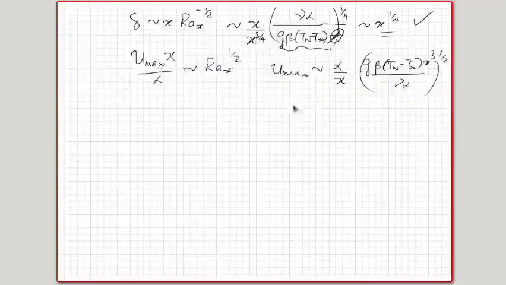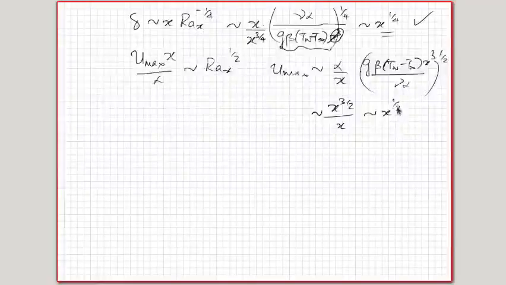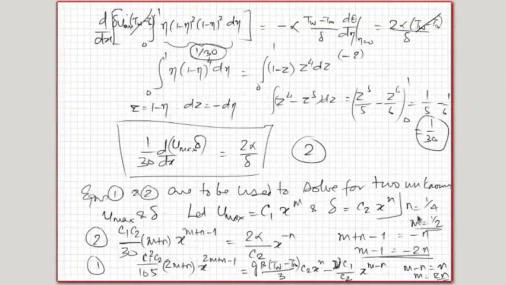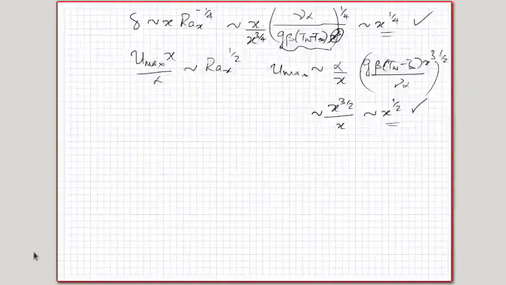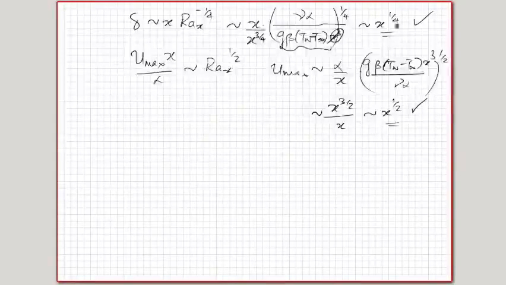I'll just take the x things here, proportional to x to the power of 3 by 2 divided by x, which is x to the power of half. So which is again verified. So m is equal to half and n is equal to 1 by 4 are both consistent with what we had got in the order of magnitude analysis. So that's why I said that you could take m and n directly from the order of magnitude analysis and put them, or you could have derived it from this also.